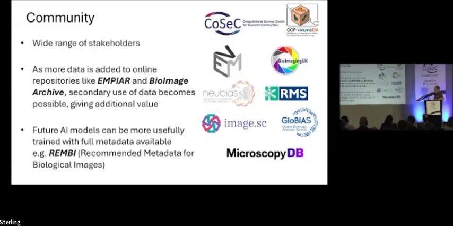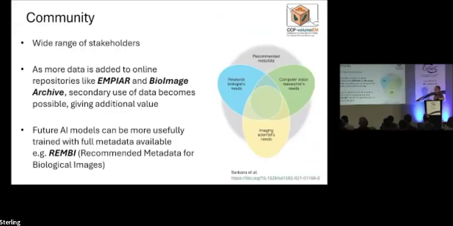So in biology, just in the last couple of years, there's an initiative called REMBI, which is recommended metadata for biological images, which has tried to create something of an ontology for how the different stakeholders, so the biologists who care about the drug treatment or the cell type, the imaging scientists who set up the resolution and the microscopes, and the computational researchers who develop the algorithms, they all need different kinds of information to be able to join this up and really get the maximum benefit out of these data sets.